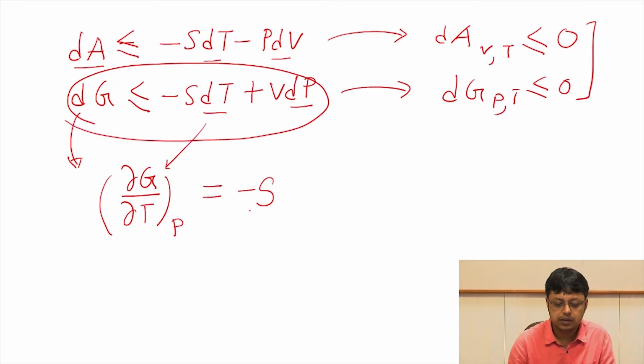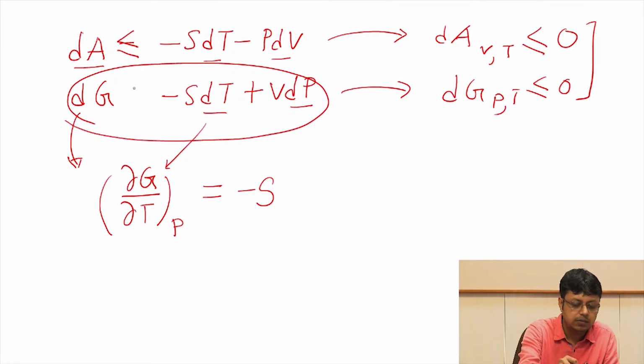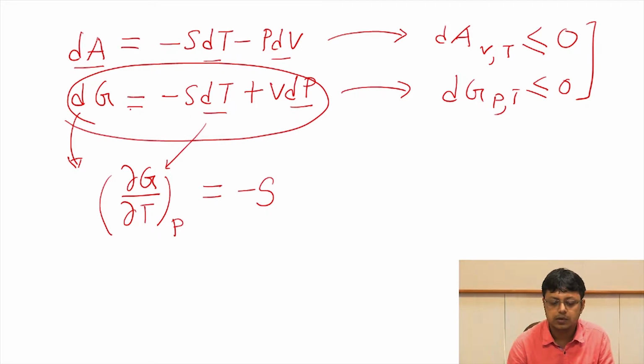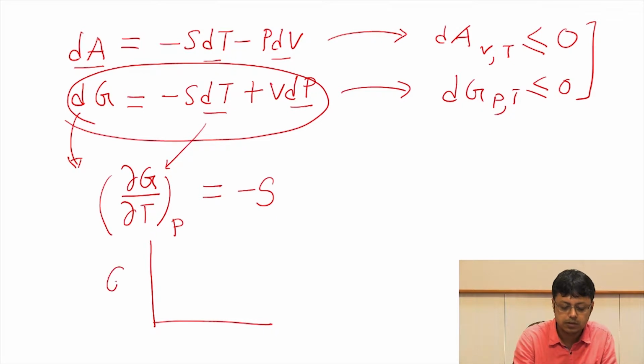Now we are using only the equilibrium sign here because we are only considering the variation, keeping the system at equilibrium. So this will be an equal sign. Now what will be the curve for this? If I plot G versus T, how does the curve look?